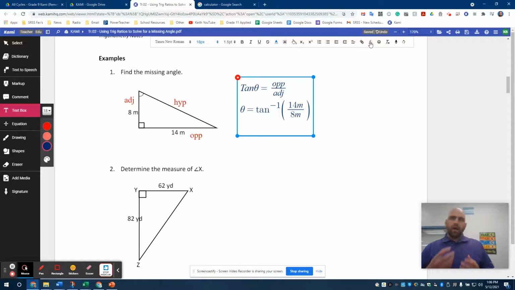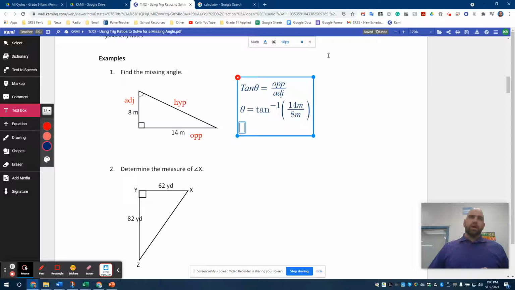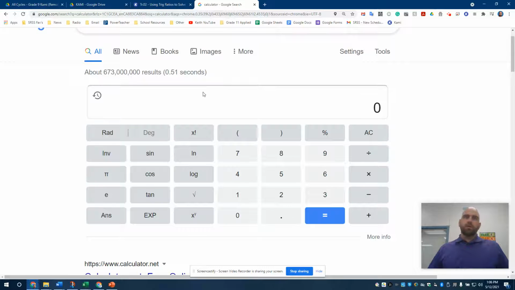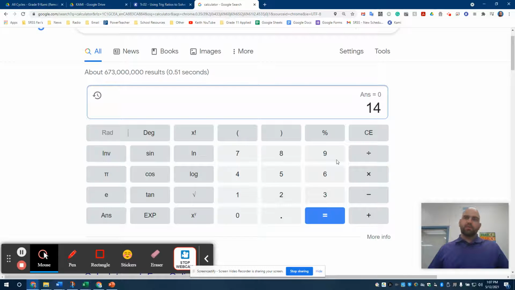So, a couple different ways of doing it, and again, I'm going to show you in class as well when you are here. But to find our answer, I'm going to pull it up on this calculator, and I'm going to make sure that I'm in degrees. That's always important. I'm going to do 14 divided by 8, equals, and we come up with a decimal. In this case, it's a nice one.